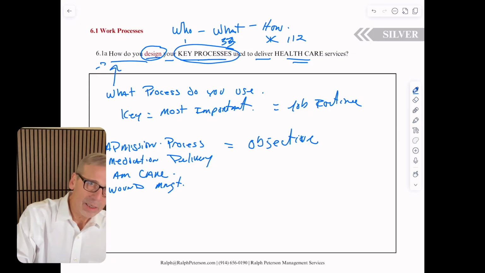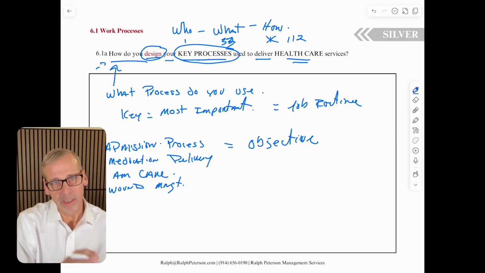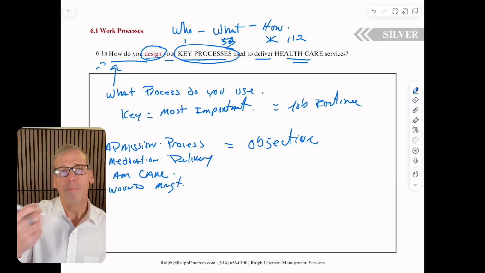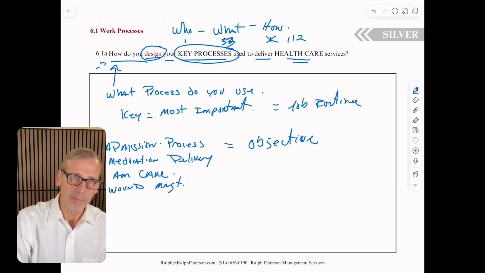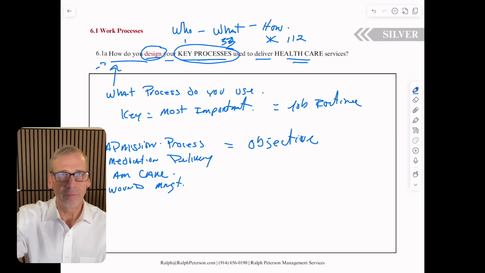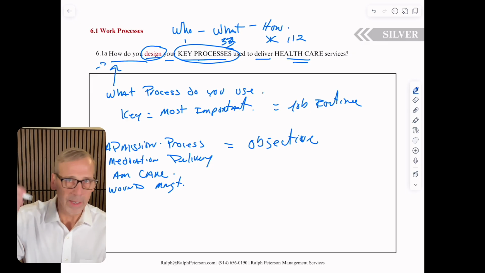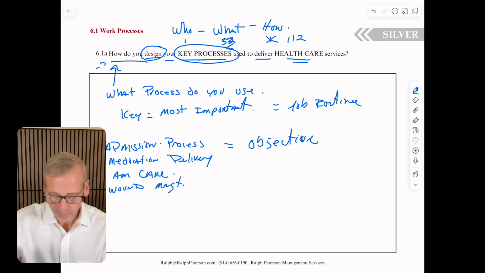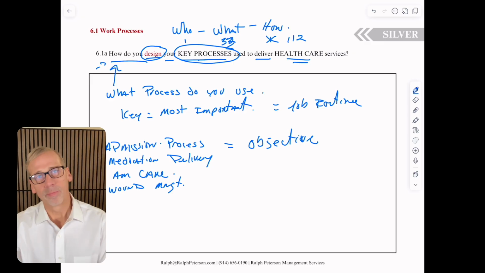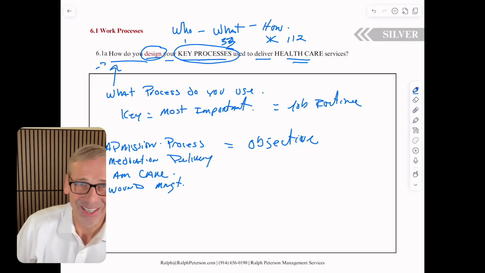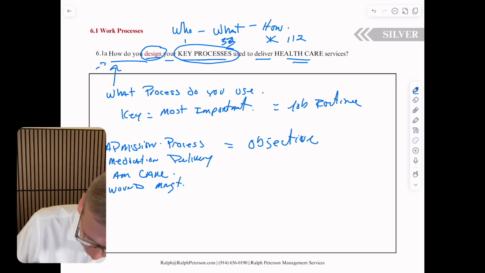What is the objective of the admission process? Admitting a resident. What is the objective of medication delivery? Delivering medications. What is the objective of AM care? It's to provide AM care. Get them out of bed, feed them, get them clothed, wash them, body wash, brush teeth, hair, face, whatever. What is the objective of wound management? Well, it's to provide wound management. Wound care, right?